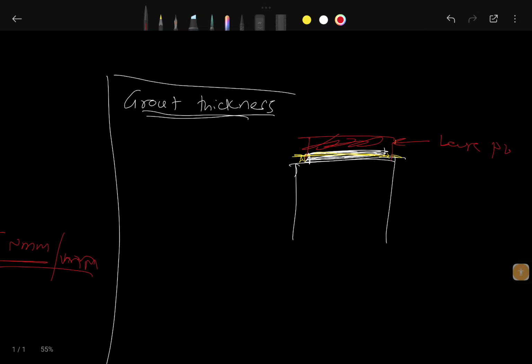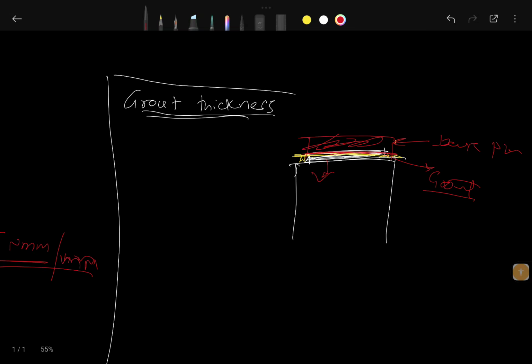This is the base plate and this is the grout. This is used to get smoothness for the base plate and uniform bearing on the concrete pedestal.